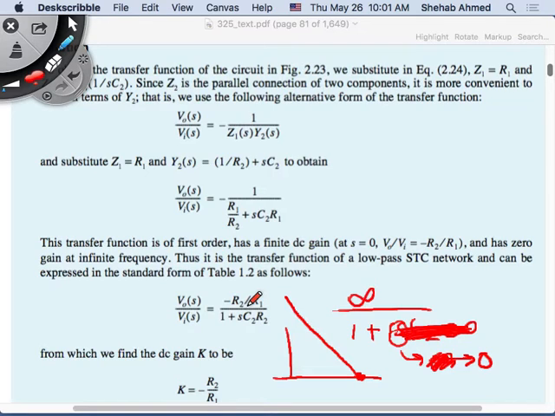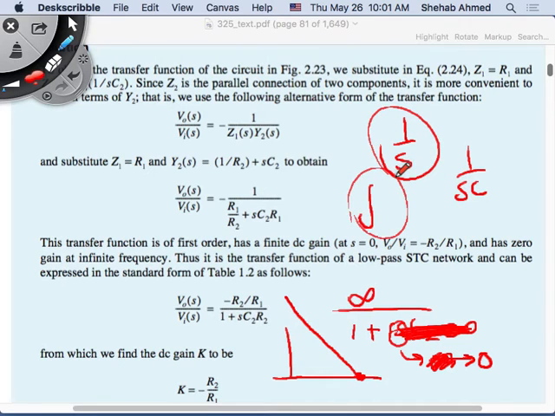So if R2 becomes an open circuit, if I remove R2 from this circuit, I'm creating a 1 over S type transfer function that is applied to the input. What is 1 over S in Laplace? Remember, 1 over SC is the integration. 1 over S is like an integrator.